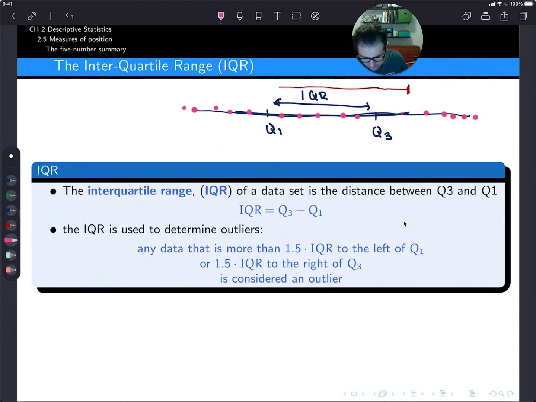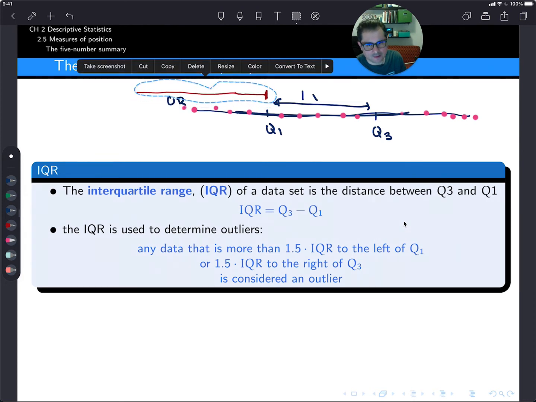You're going to grab that distance and start it from Q3. If there are any values to the right end of that, they would be outliers. And then put it here on the left: any numbers to the left of that would be outliers. This is what I try to say in this sentence.